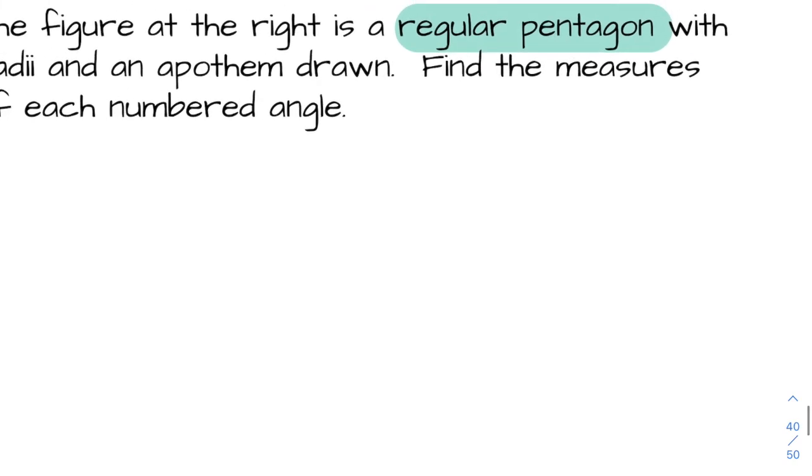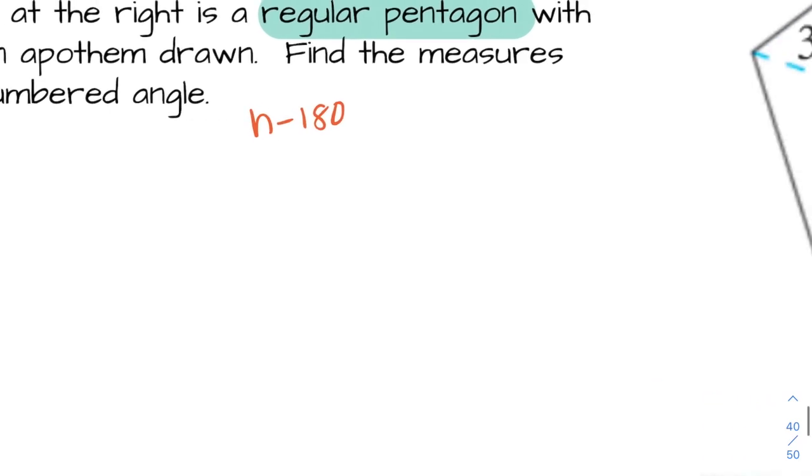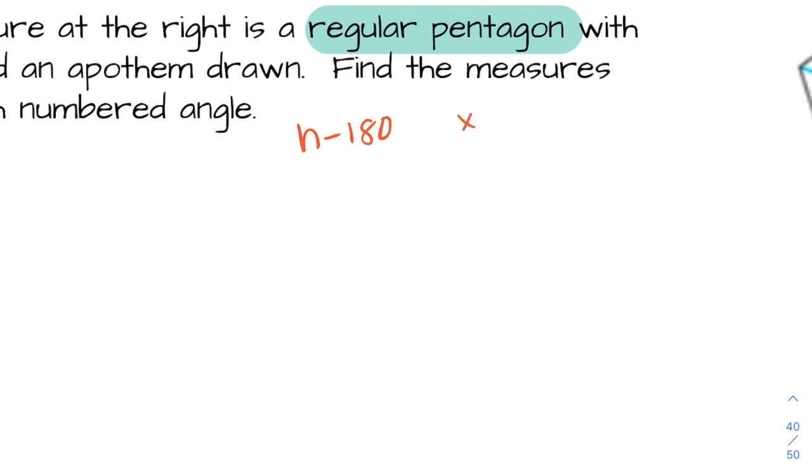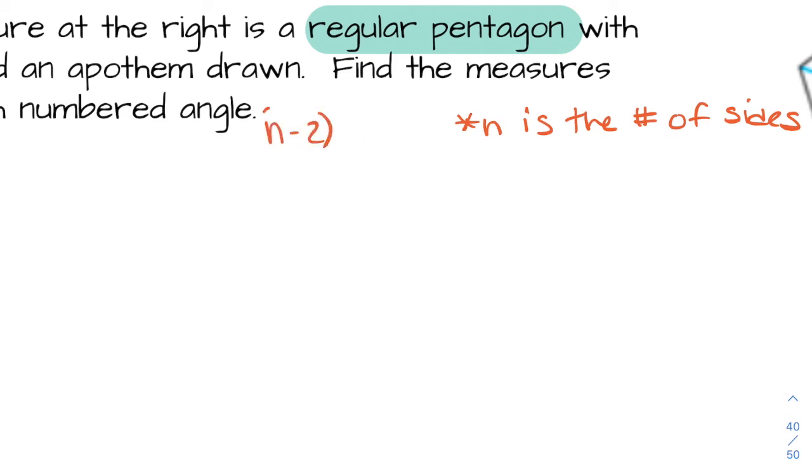So what you're going to do is n minus 180, and that's going to give you the amount of degrees where n is the number of sides. Oh, I'm sorry, n minus 2, my apologies, I wrote the wrong thing, n minus 2 times 180. I can't believe I just did that. Okay, we've used that before, n minus 2 times 180.